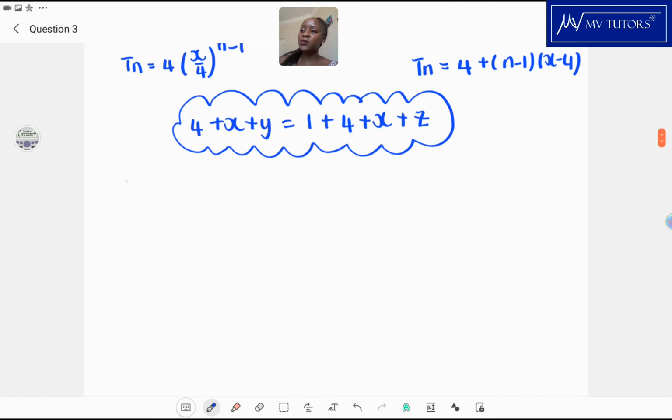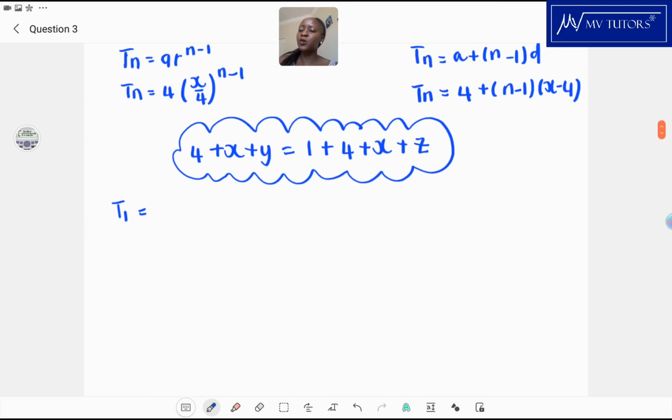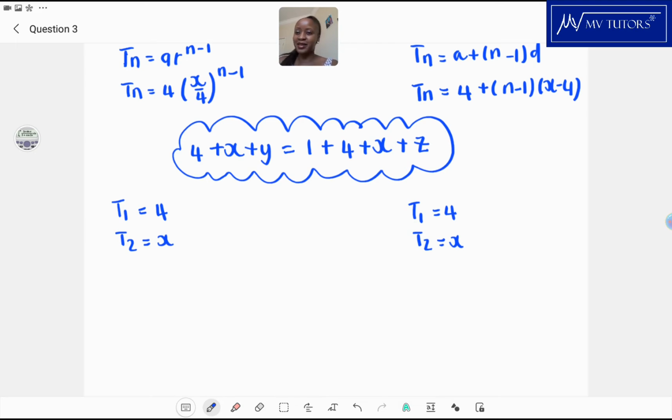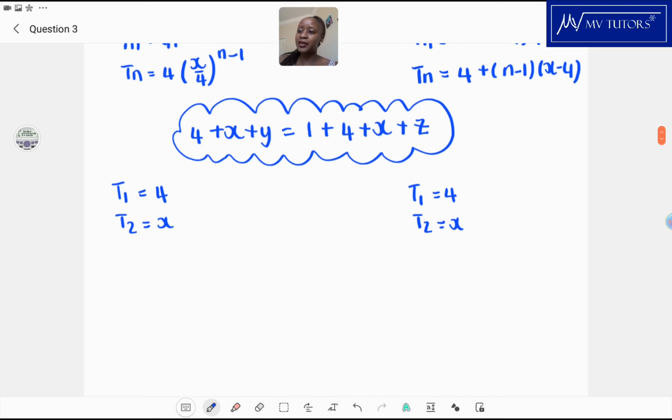So T1 we already know, the first term is 4. Also the first term here is 4. We know the second term is x, because the first two terms are the same. If I substitute 2 in there, I would get x. If you don't believe me, you can go try it.